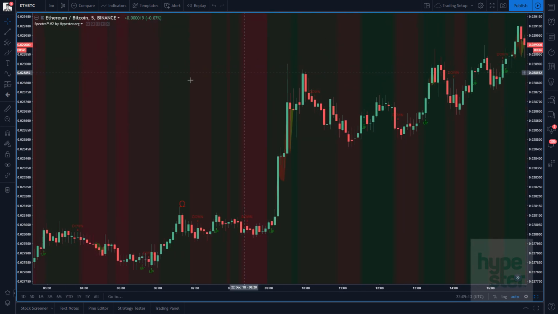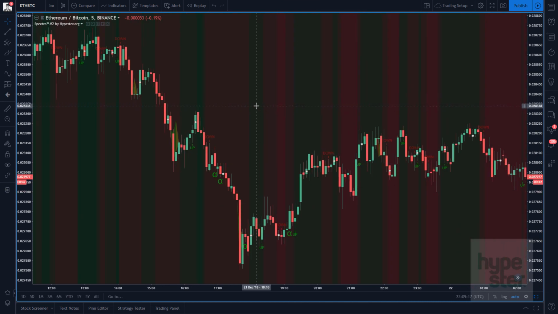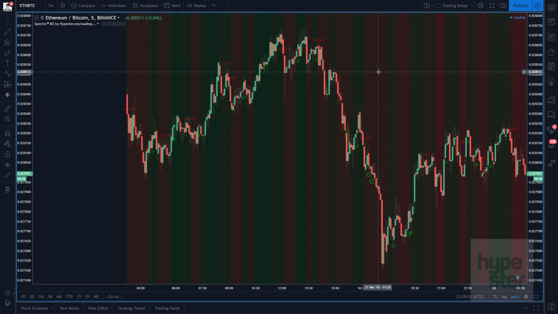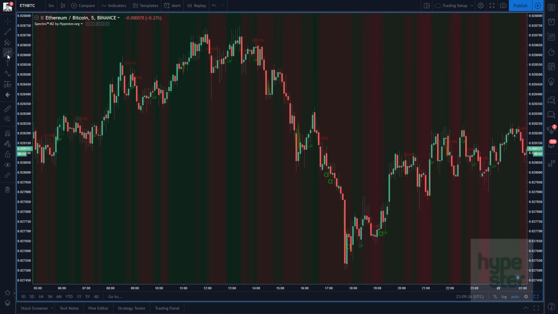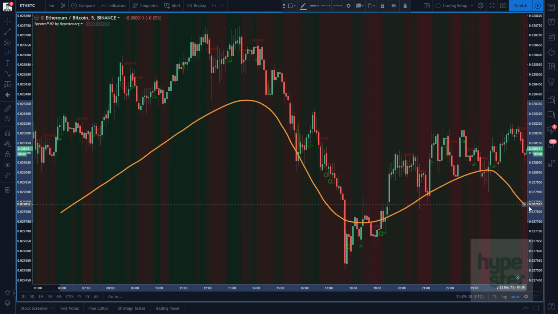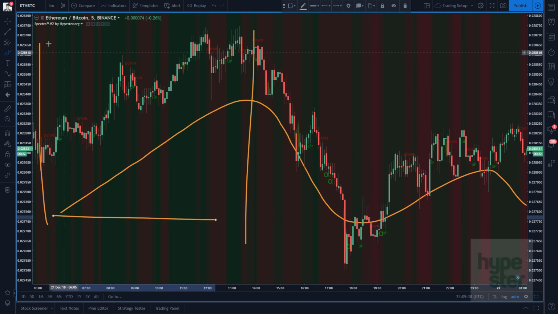So let's take a look at the other situations. We can see actually a reversal going on. There you go. Okay, so we're going to study how this move became a complete reversal. As you can see here, from this moment to this moment, there's a lot more green.